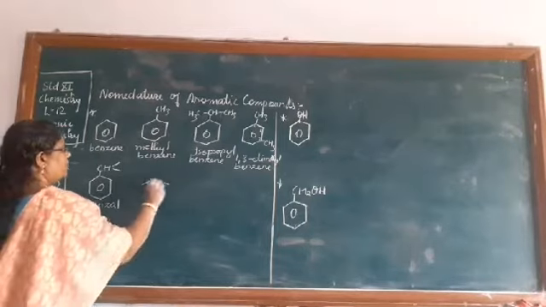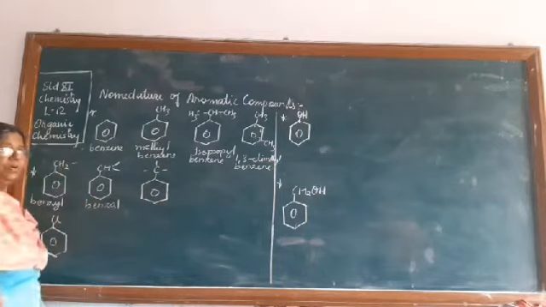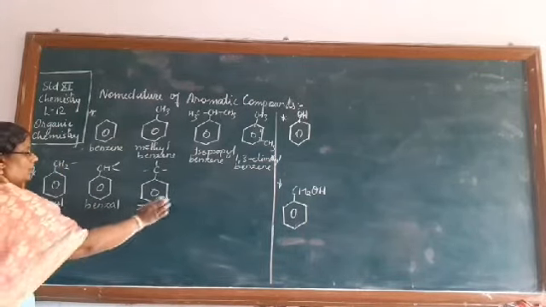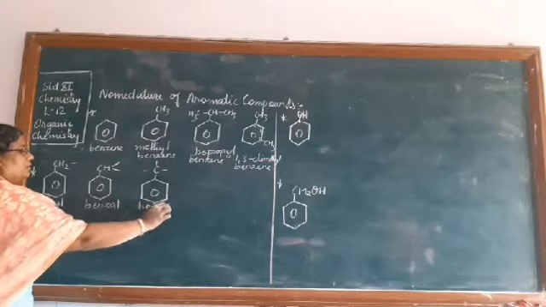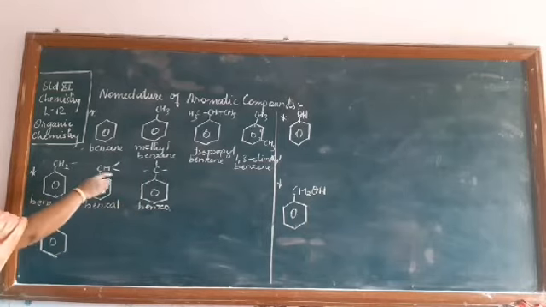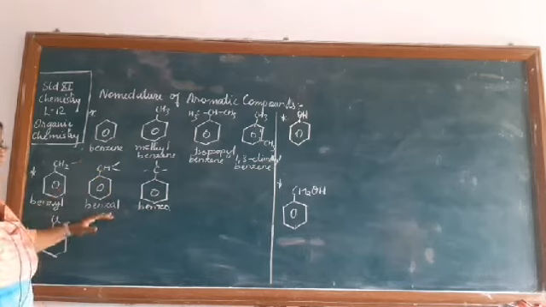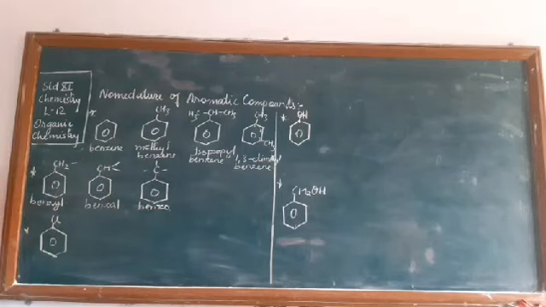Then if you have a benzene ring with C, then this will be called benzo. Okay. I hope this is clear. Three bonds, then we say benzo. Two, this whole benzene ring CH with two bonds, will be called benzal, and this will be benzyl.